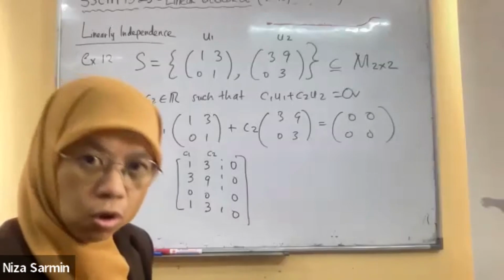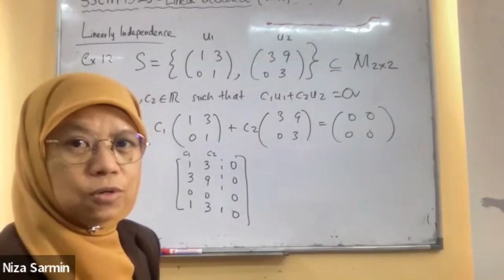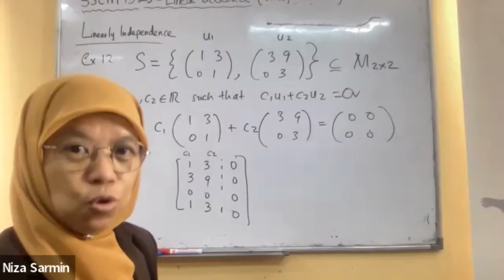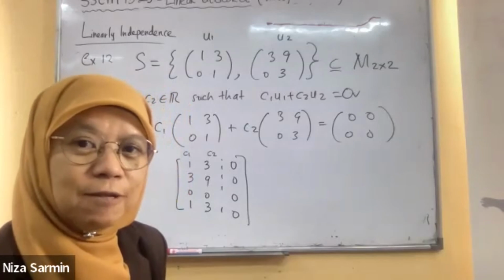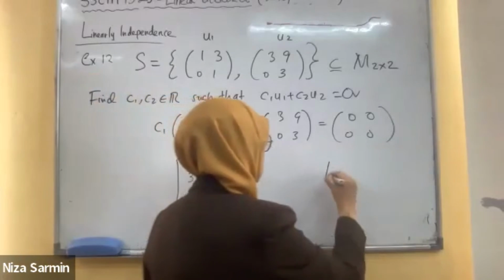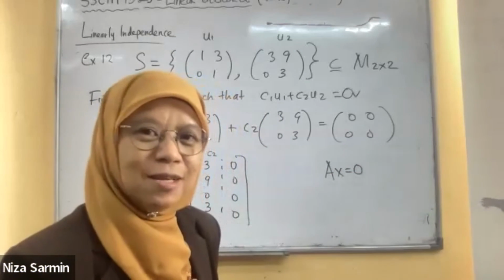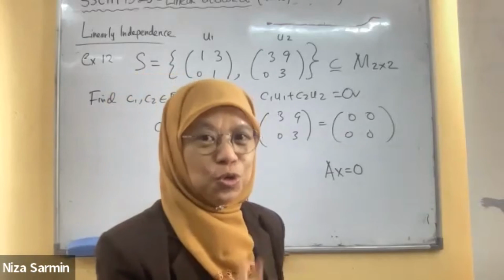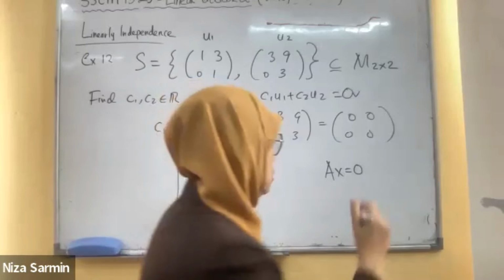You have to solve for all, because sometimes you will see whether they exist or not, but they always exist, whether it's unique or many solution, right? You remember chapter 2? If you have AX equals 0, there is always a solution, because when you put X equals 0, it is 0. So there is no such thing as no solution.